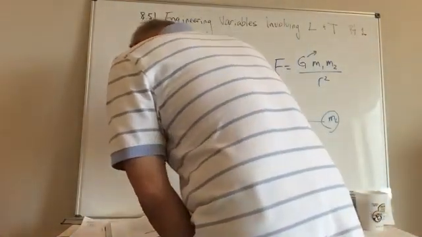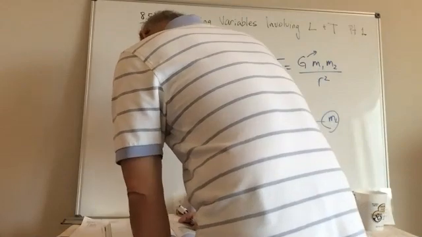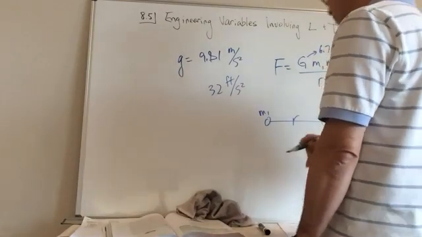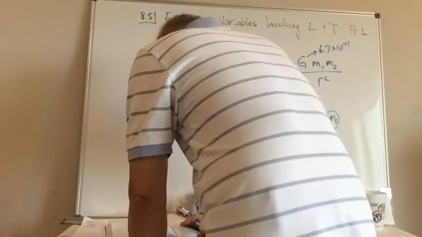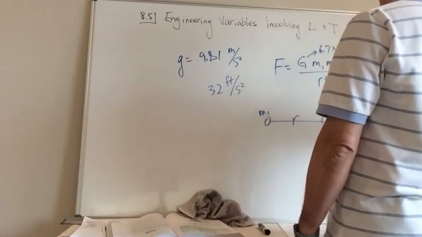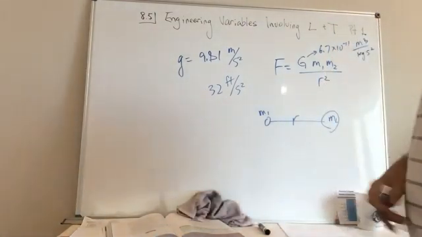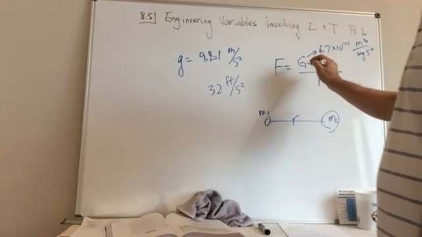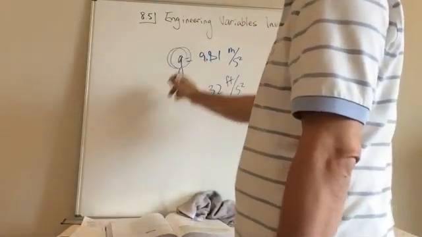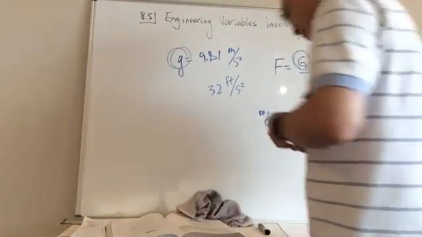This is the universal gravitational constant, and it is 6.7 times 10 to the negative 11th meters cubed per kilogram second squared. So this G here is totally different than this g here. Always remember that.